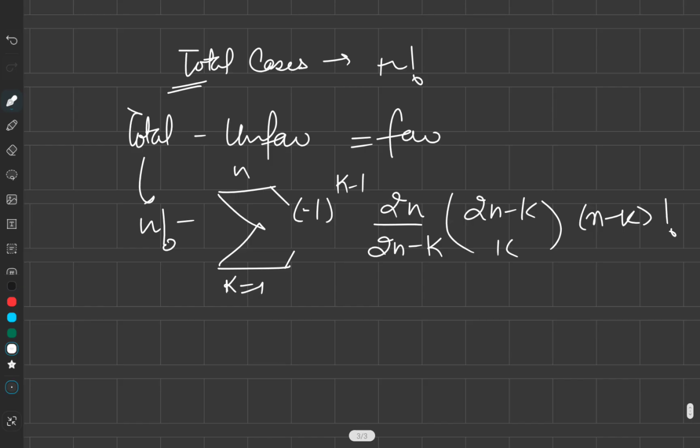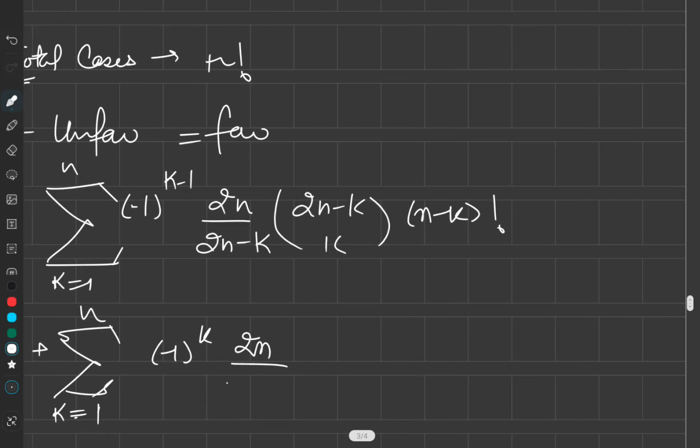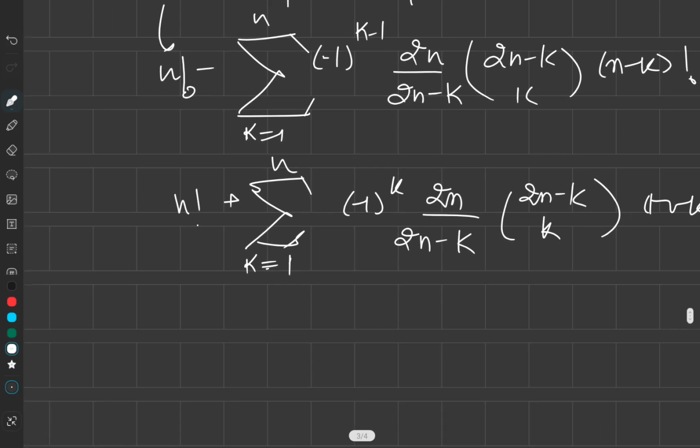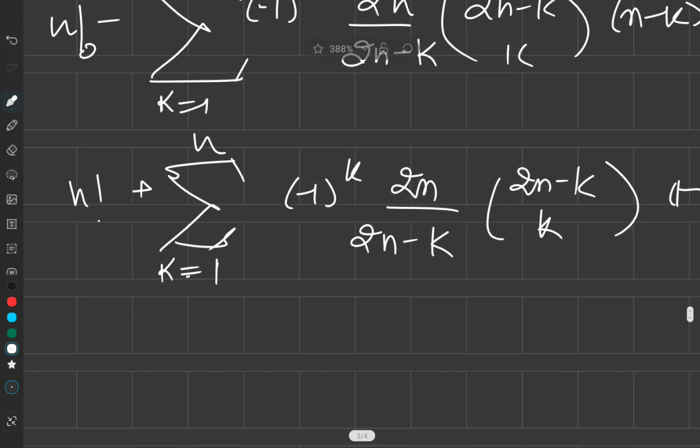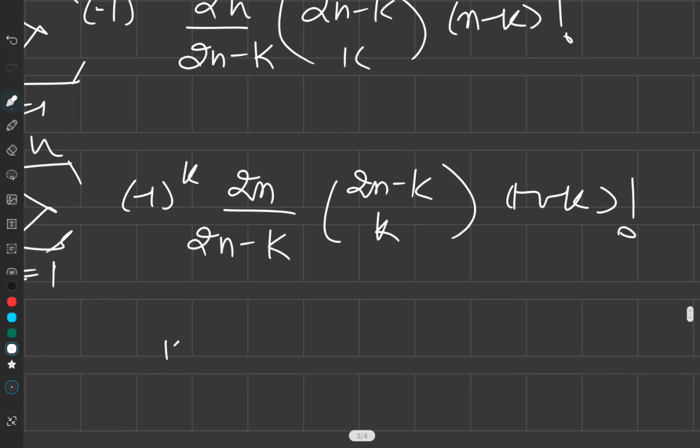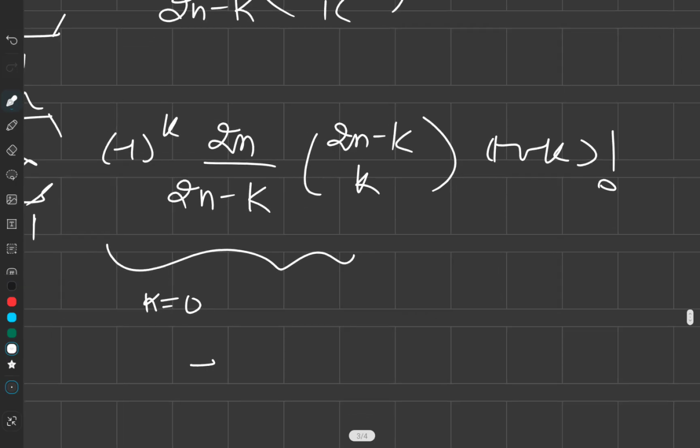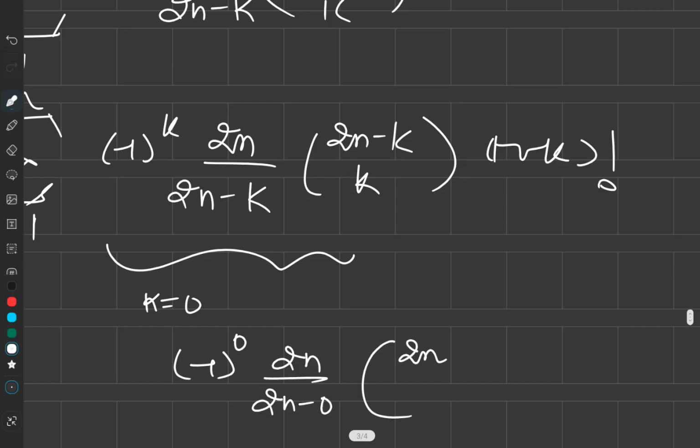Wait a minute, right? So if we just move this one, and if we use k equals 0 here, that would give us 2n by 2n minus 0, 2n minus 0 choose 0, and n factorial.